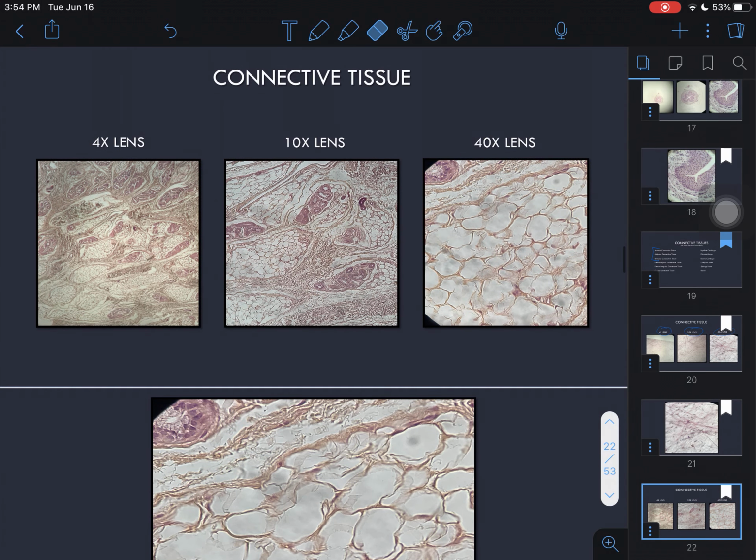Adipose. Adipose is just another name for fat tissue, okay? So this is adipose connective tissue, and it actually reminds me of oil droplets on top of water, okay? That's all of these.